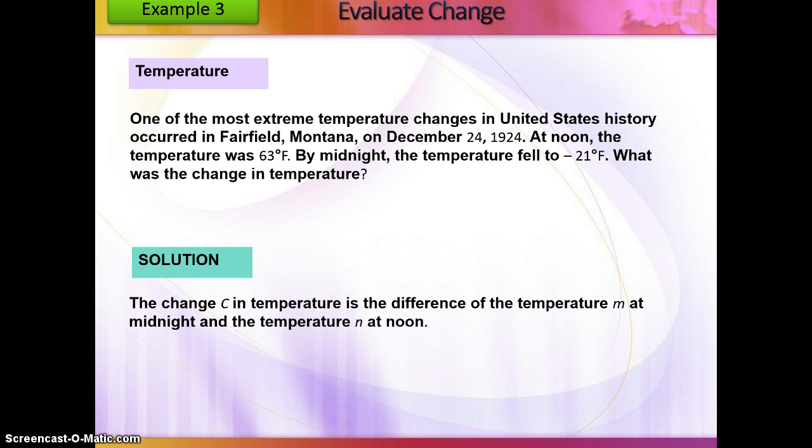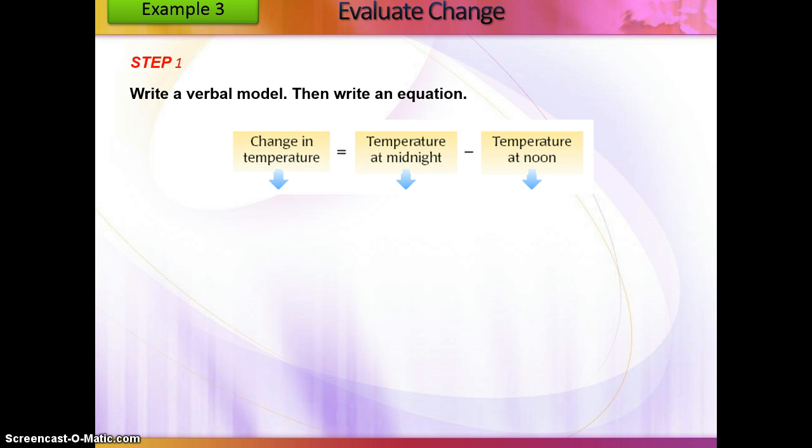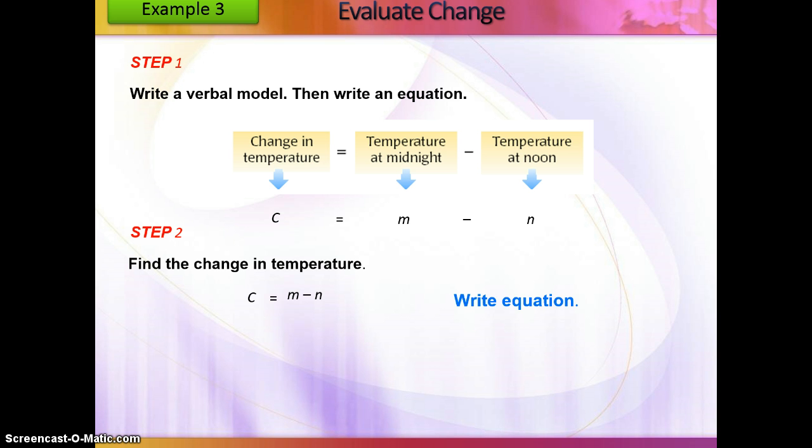The change C in temperature is the difference of the temperature M at midnight and the temperature N at noon. So we could write an equation that would say the change in temperature equals the temperature at midnight minus the temperature at noon. So C equals M minus N. The second step would be to substitute our temperatures.